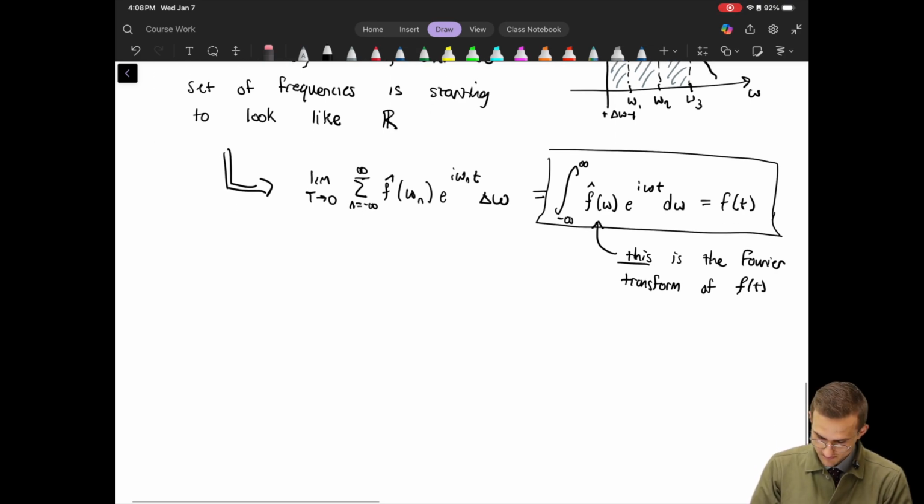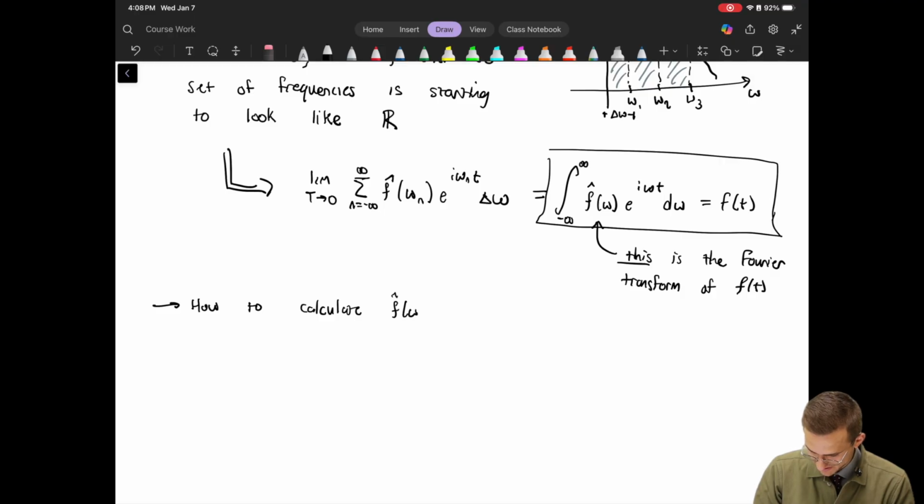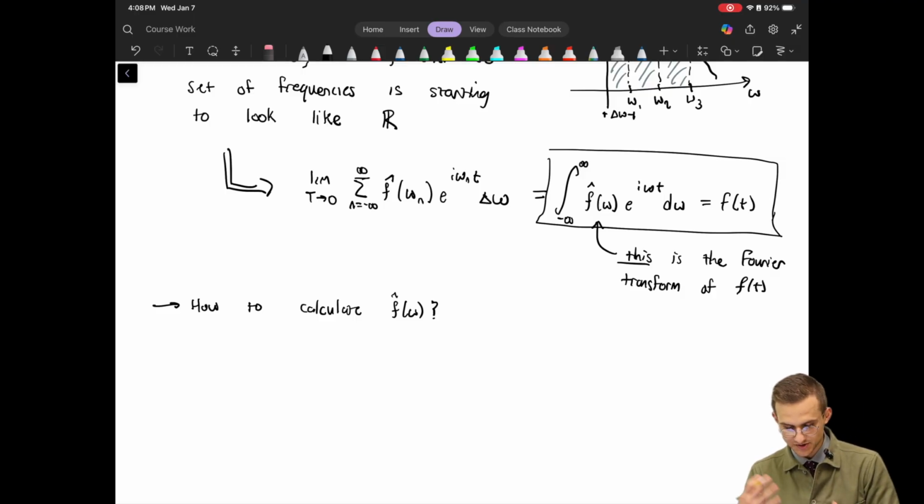And so, the last thing that we'll cover here is, how do we calculate this Fourier transform, f hat of omega? We can construct this by looking at the formula for Cn.